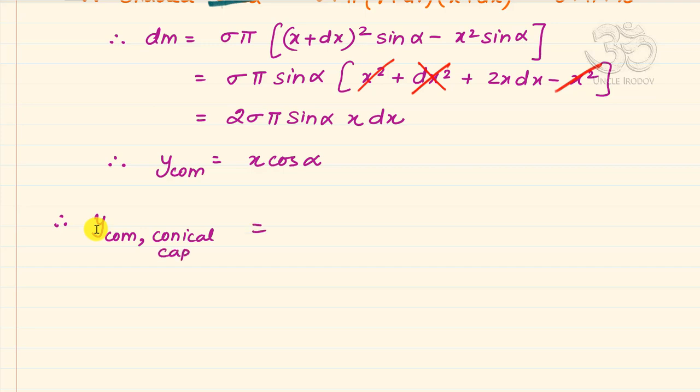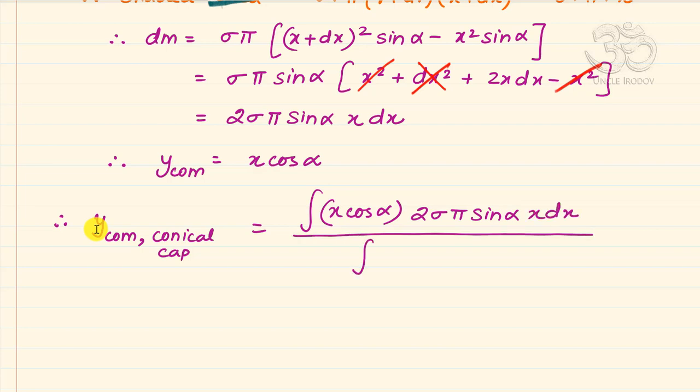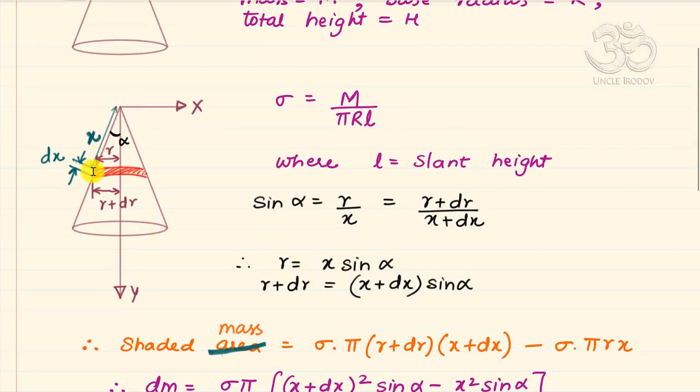So therefore y center of mass of the conical cap is equal to integral of x cos alpha times 2 sigma pi sine alpha times x dx divided by integral of 2 pi sigma sine alpha times x dx, where the values of x will range from 0 to small l, because small l is the total slant height.